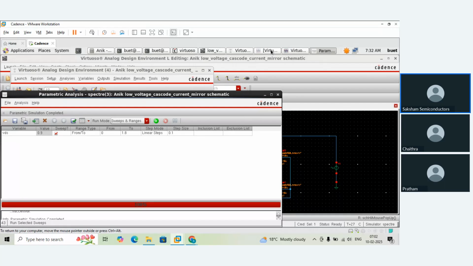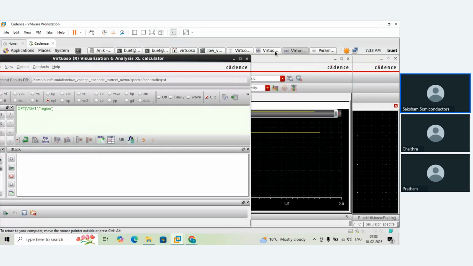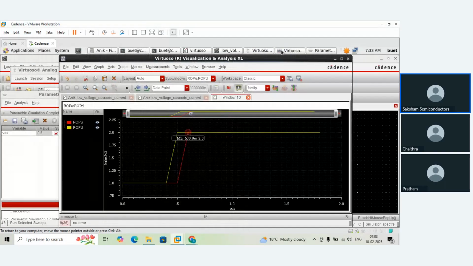And if you see over here, for the same schematic, when we did it for the simple cascode current mirror, it was coming around 700 or 800 millivolts, whereas here it is coming down to 600 millivolts.